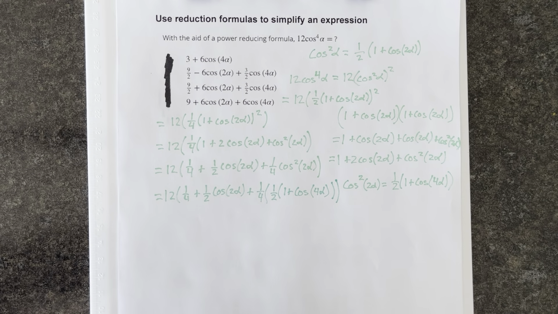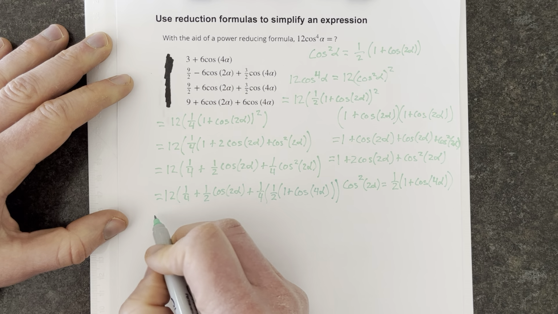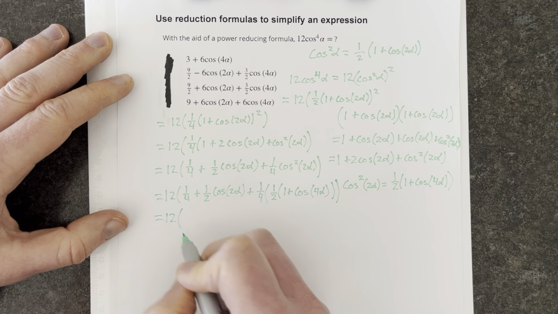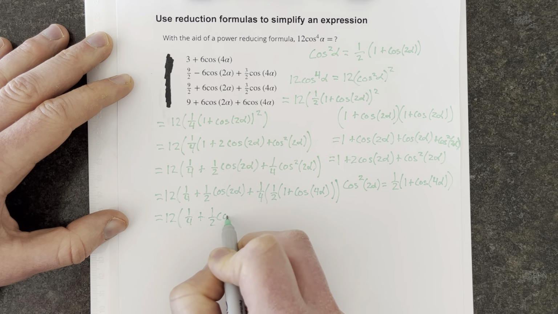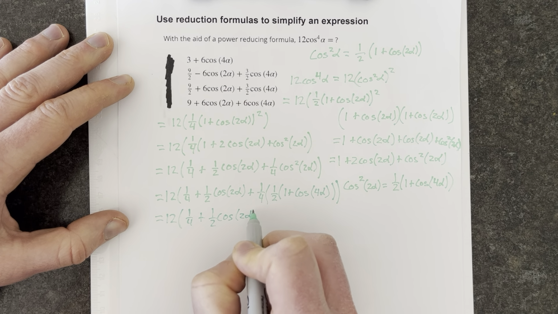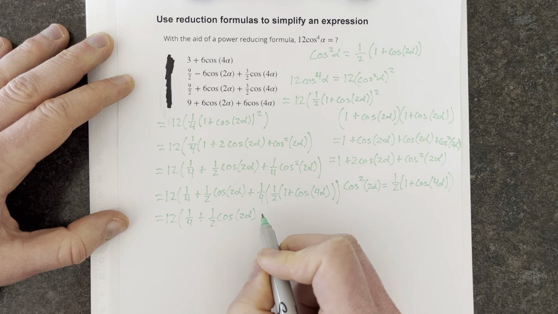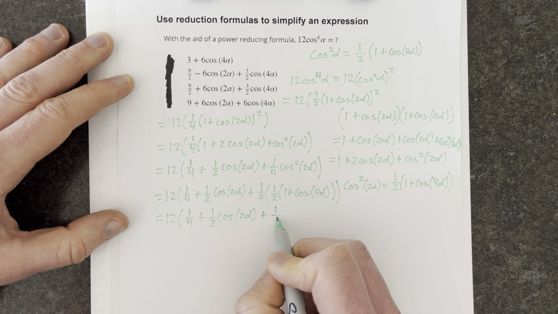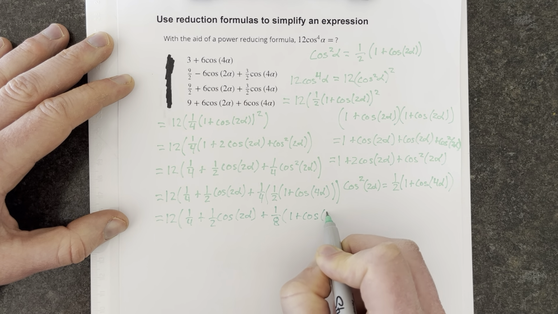Okay, now I'm going to do some distributing. I'll start with the distributing on the inside. I get 12 times 1/4 plus 1/2 cosine of 2 alpha. Distribute the 1/4 to this piece here, and I get 1/8, so plus 1/8 times 1 plus cosine 4 alpha.